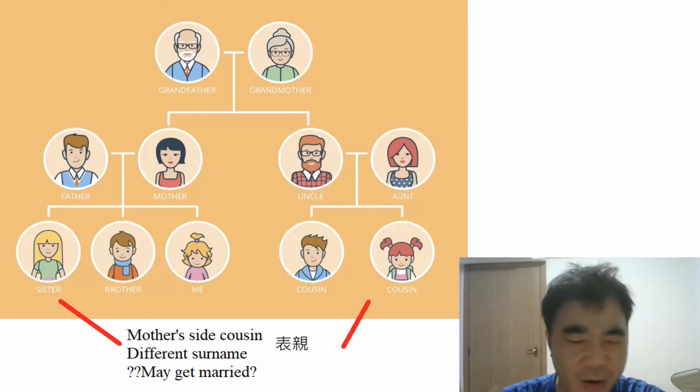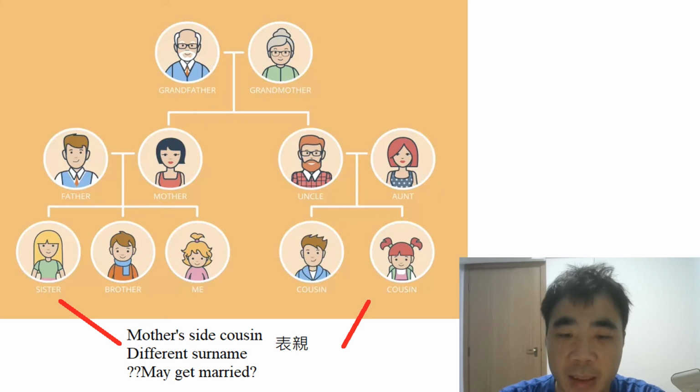I'm not very sure about the Western culture. In the Chinese culture, in the old time, if the 表 side, 表姐, 表哥, 表弟, 表妹, they share different surname, they were allowed to get married. Okay, they were allowed to get married, and it was quite common in the old generation.